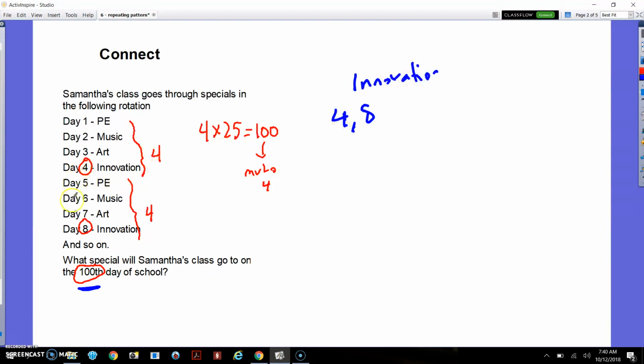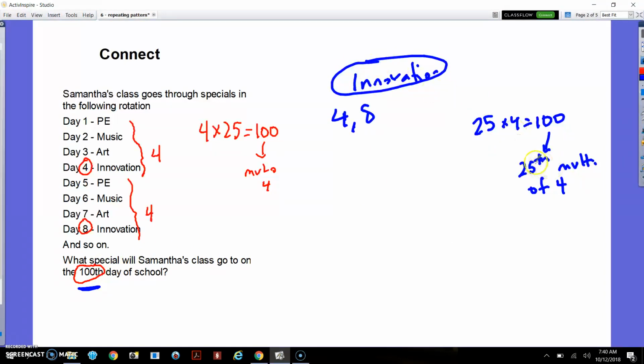And since we knew that the 100th day is a multiple of 4, because 25 times 4 is 100, meaning 100 is the 25th multiple of 4, it will also be that innovation special. And actually we can even tell it'll be the 25th time they go to the innovation special.